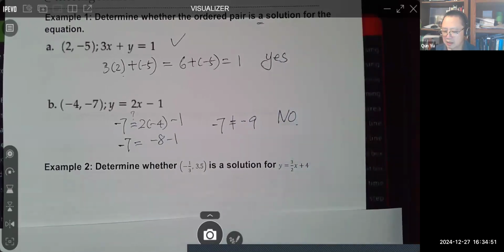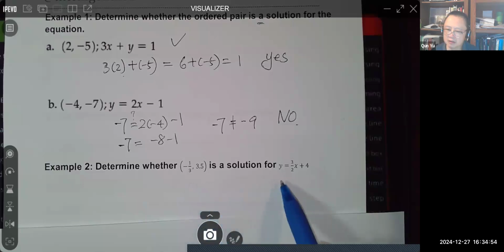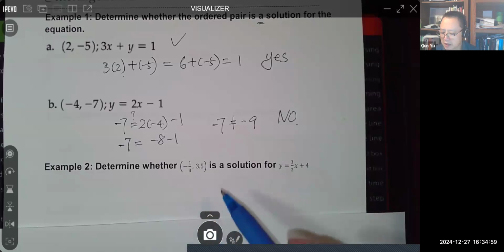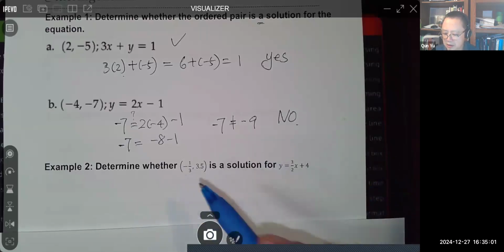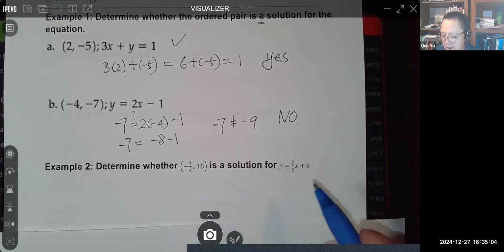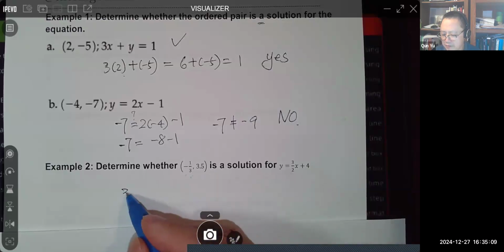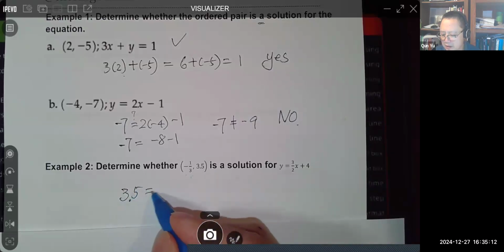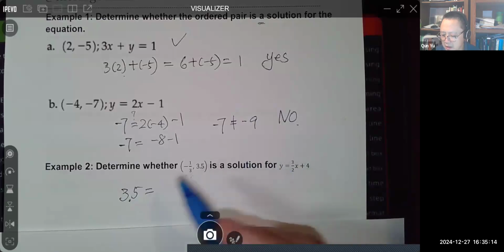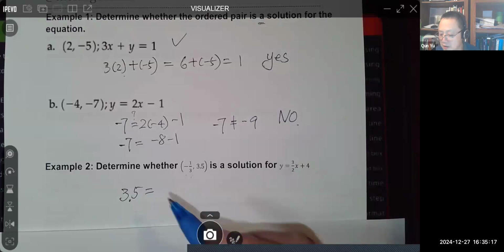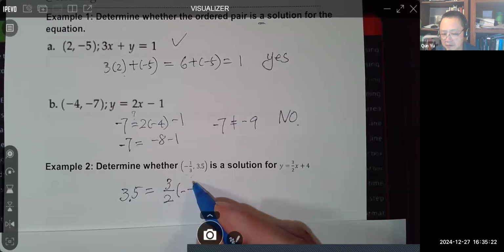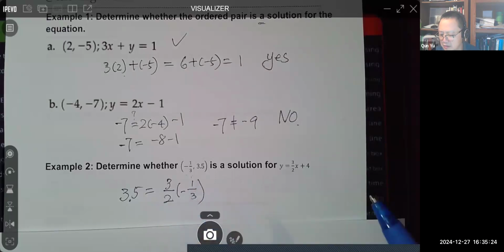Now we get another one, determine if this ordered pair is a solution or not. Nothing really different. The only difference is that we get decimals and fractions as the ordered pair, but the way we do it remains the same. So y is 3.5, put on the left-hand side because this is the y value. And 3/2 times x, which is -1/3, then plus 4, right?